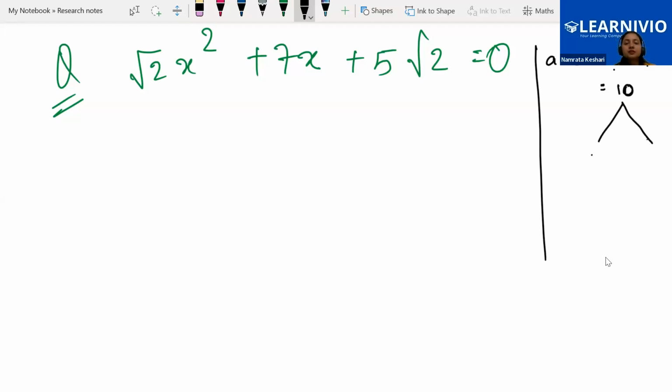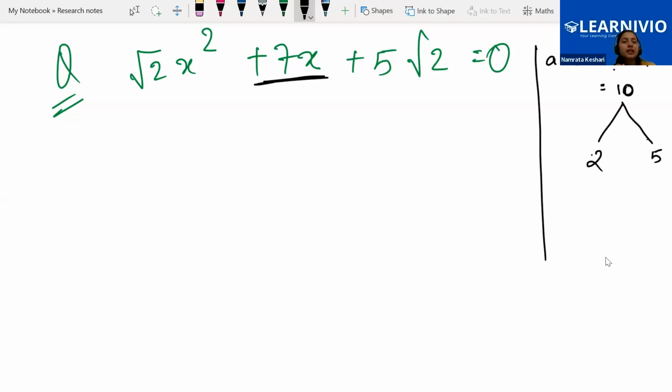Yes, Afnan, Alvina, Abdul. Ma'am, minus 5. No. Just two numbers, you tell. 2 and 5. 2 times 5 is 10, and 5 and 2 added together can make 7. Yes. Okay. The sign we will focus on later.